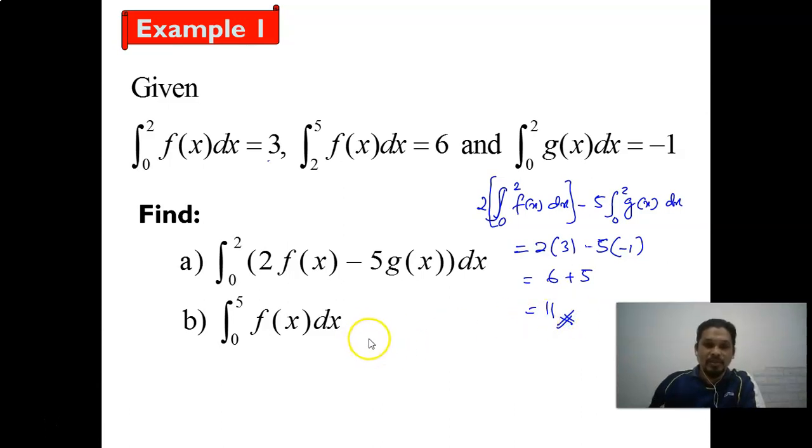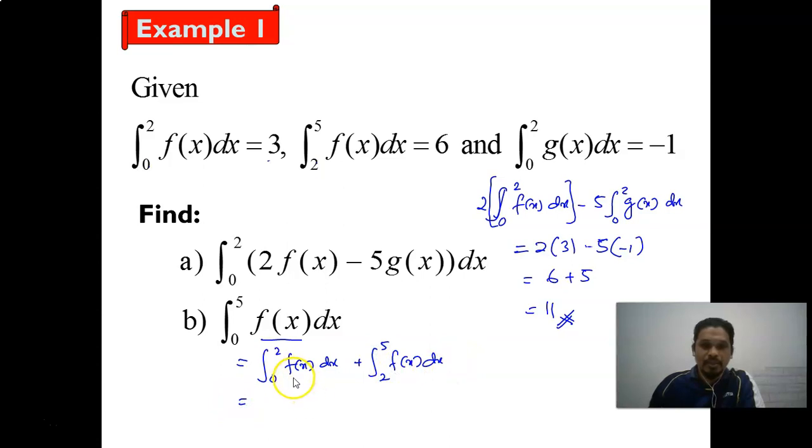And what about this one now? The integral from 0 to 5. Since the function f(x) is separated into two, f(x) from 0 up to 2 and then 2 to 5, it is the integral of f(x) dx from 0 up to 2 plus the integral of f(x) dx from 2 until 5.